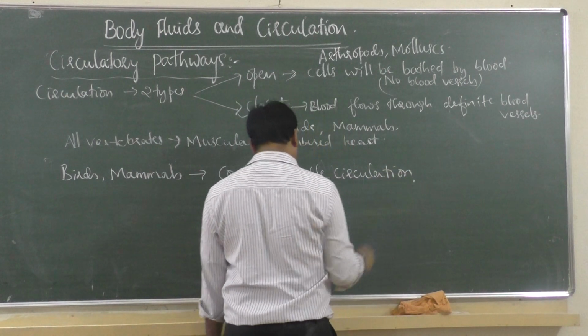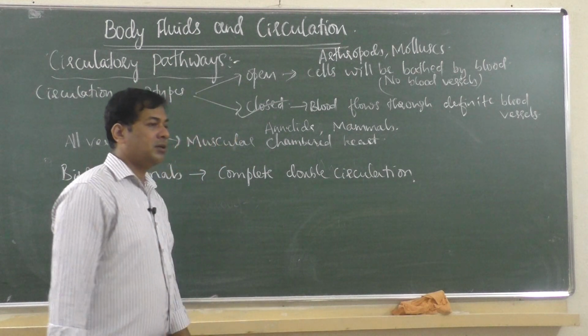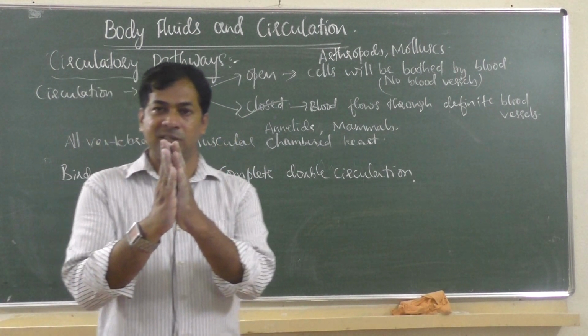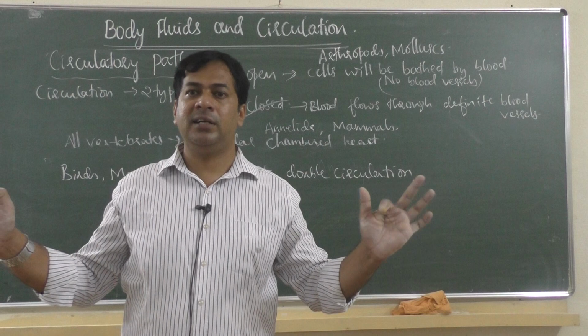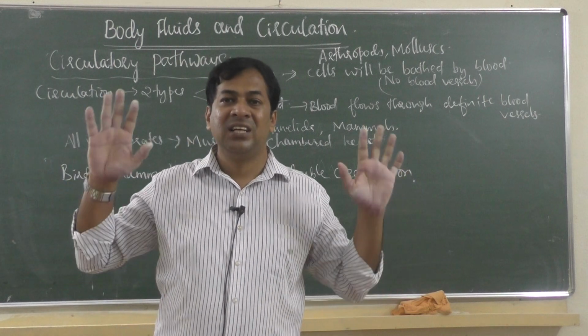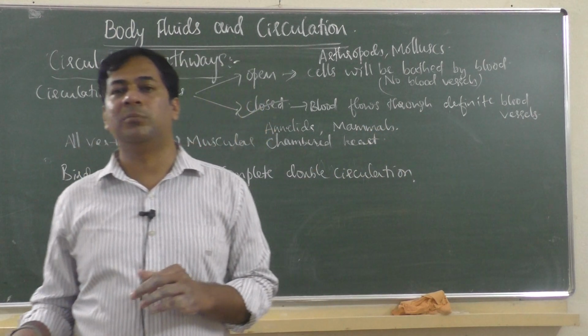The actual meaning of complete and incomplete is this: when oxygen and carbon dioxide are separated, then it is called complete. When they are not separated, then it is called incomplete.